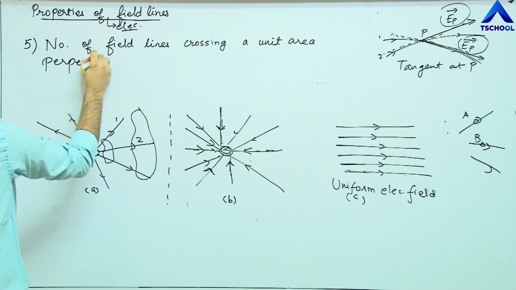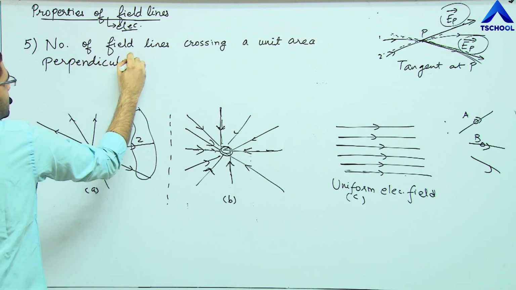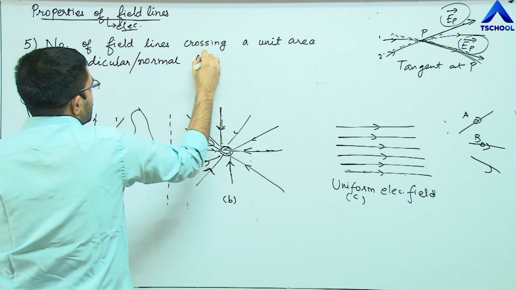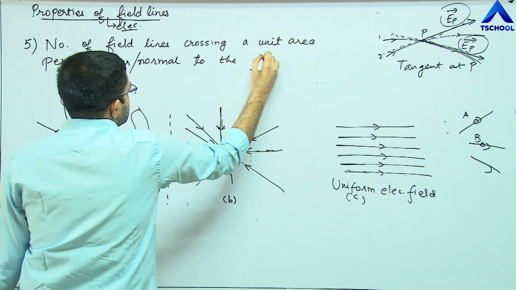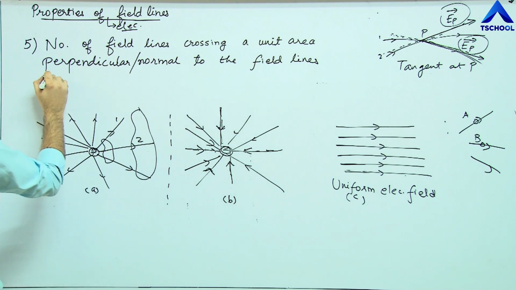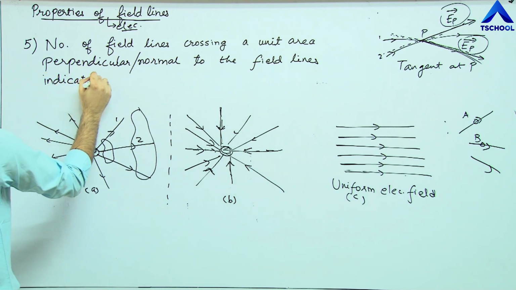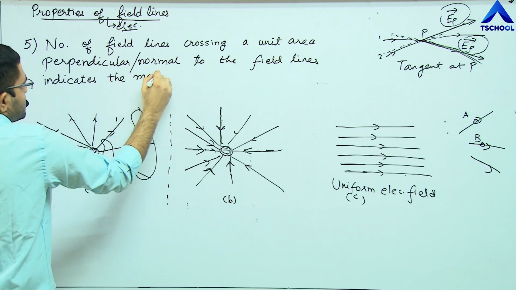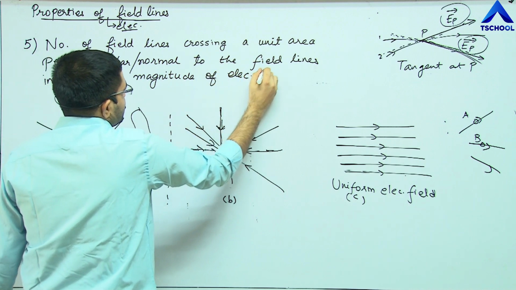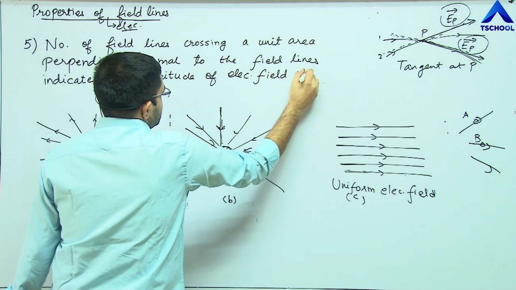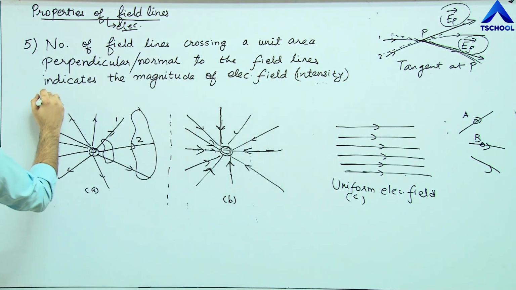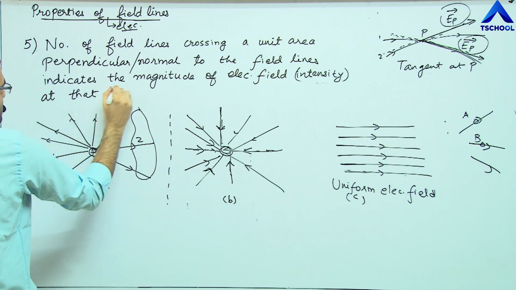The number of field lines crossing a unit area perpendicular or normal to the field lines indicates the magnitude of electric field intensity, again the magnitude of the electric field intensity at that point.